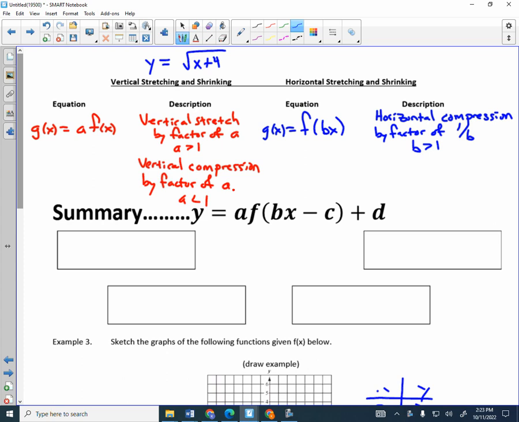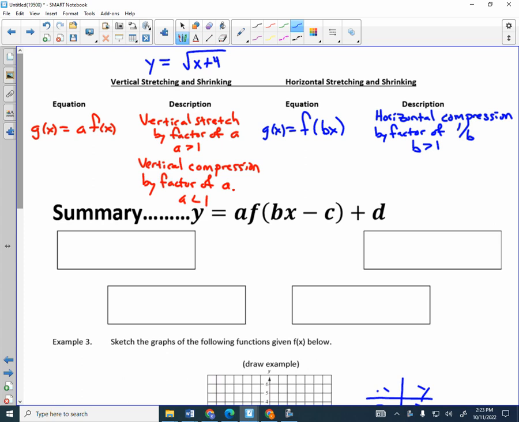Also happens with the horizontal compressions and stretches. If you see b in front and it's greater than 1, you're like, oh, that must stretch it horizontally. It compresses it by the reciprocal. So the best way to think about this is first take the reciprocal. If the reciprocal is smaller than 1, then it's going to compress it. If the reciprocal is greater than 1, then it's going to stretch it.